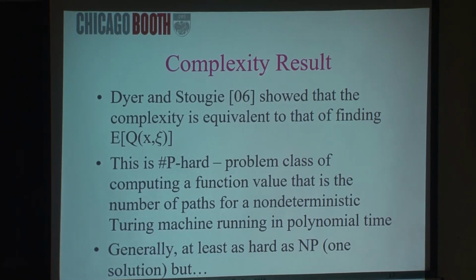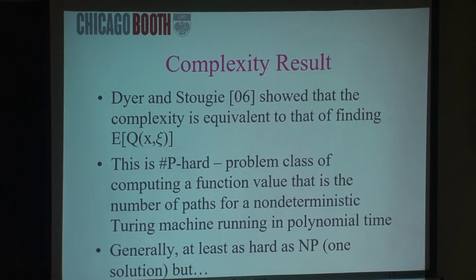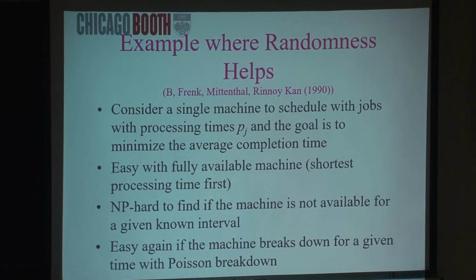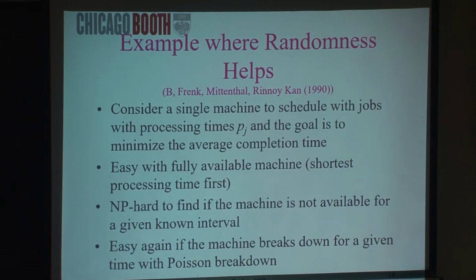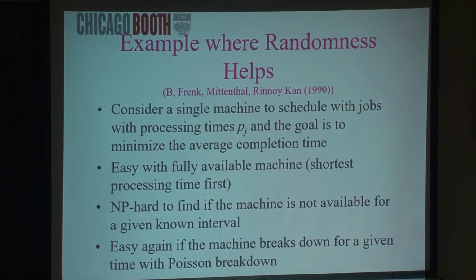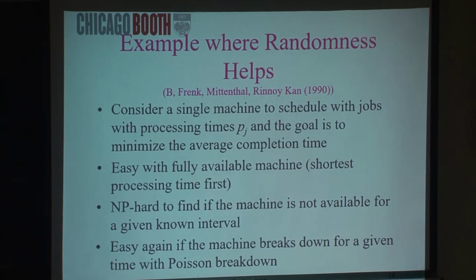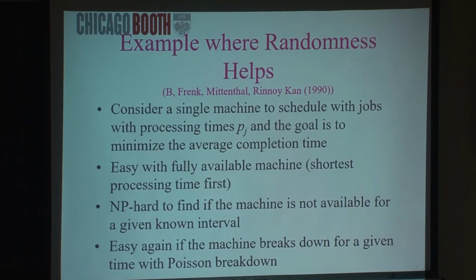Okay, so in general, these are very hard problems. However, and this is in an old paper of mine with Hans Frank, John Mittenthal, and Alexander Rinnooy Kan, there are some problems where randomness actually makes the problem easy, where if I didn't have randomness, the problem would be hard.